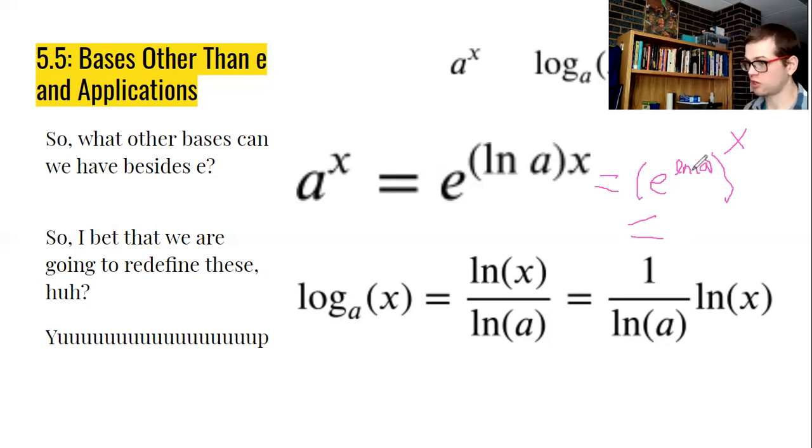e to the x and natural log are inverses, as we saw in 5.3 and previously, 5.4 actually, I think. Anyways, they're inverses, so this inside piece just becomes a. But we still have the power of x due to the properties of exponents.